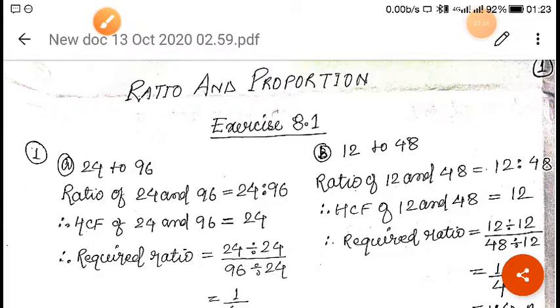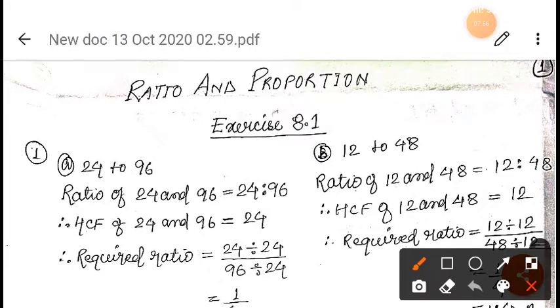Now, the simplest or lowest form. One example is given in your book. Suppose we have to find the ratio between 1 minute and 1 hour.